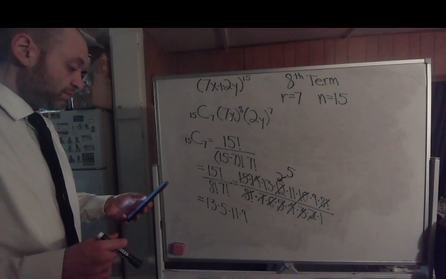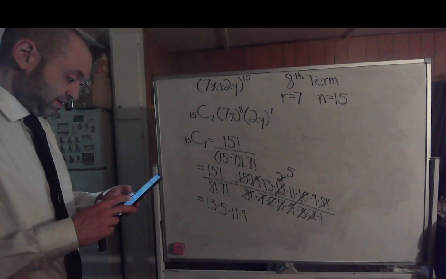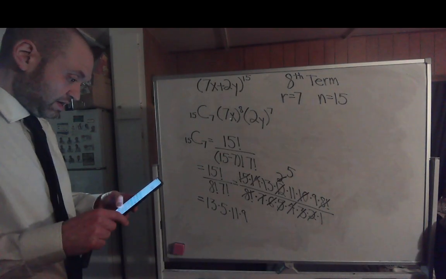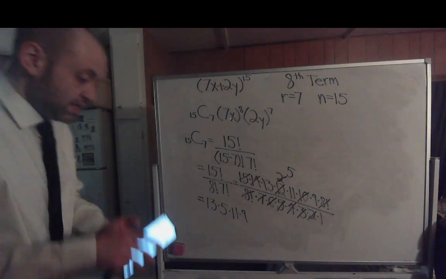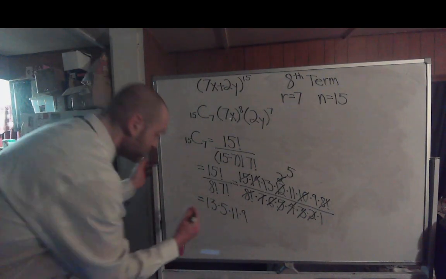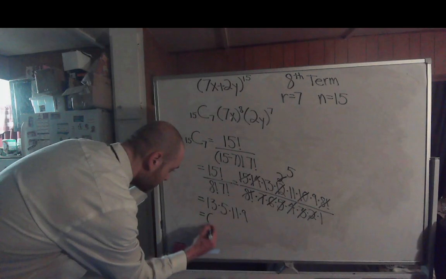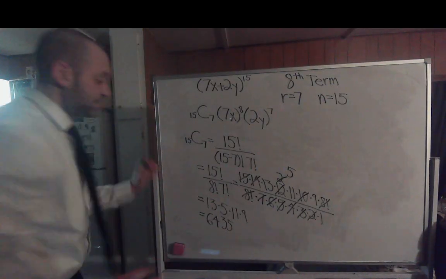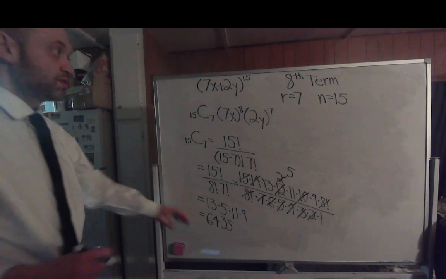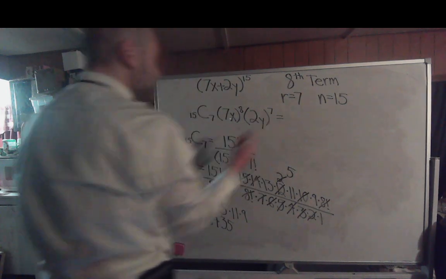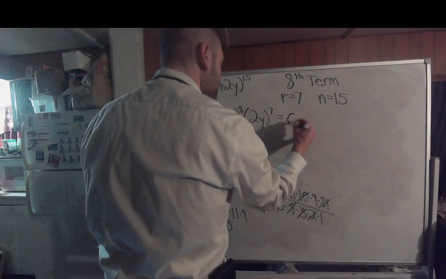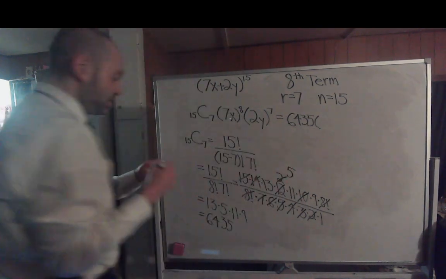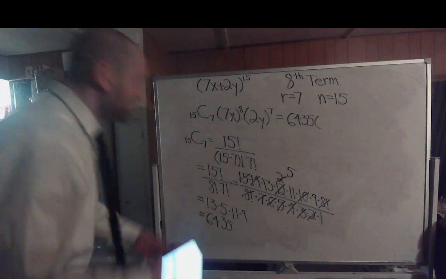So let's figure out what that quantity is. That's going to be 6,435. So the combination of 15 things, 7 at a time, is 6,435. So this will become 6,435 times, now take that 7x, that quantity, to the 8th power.